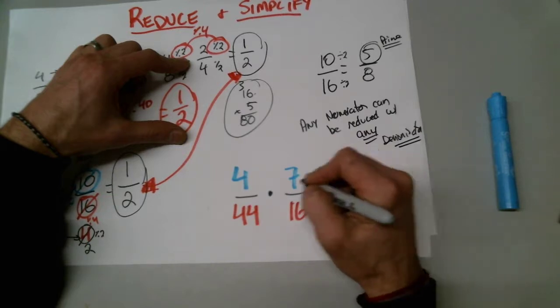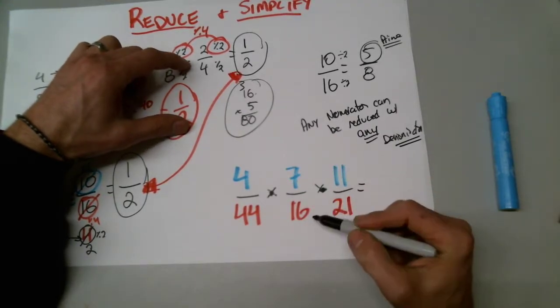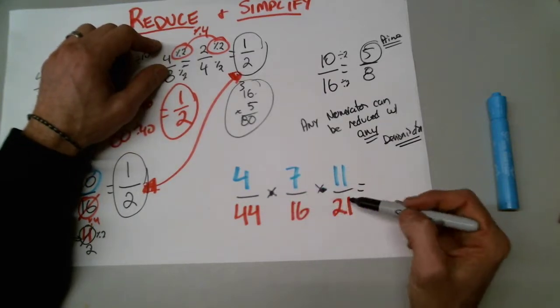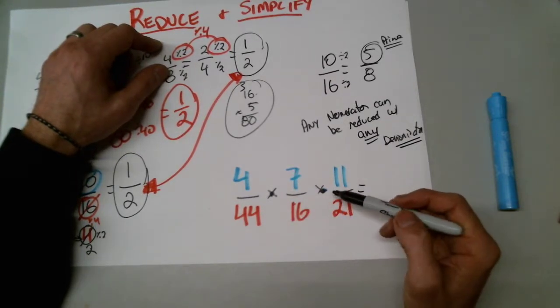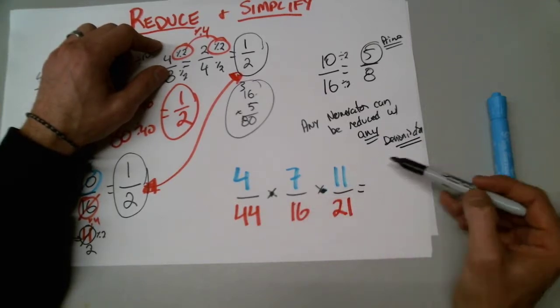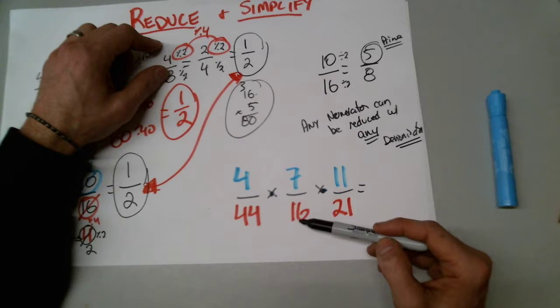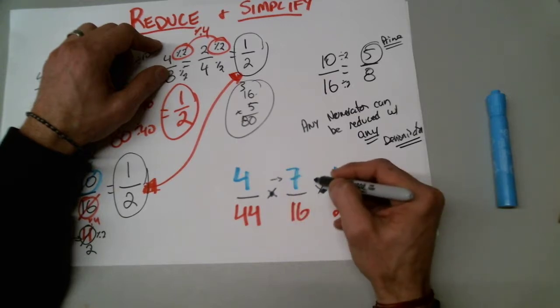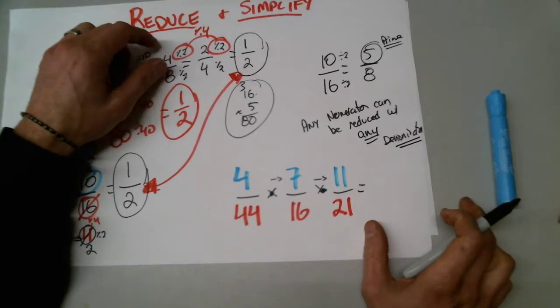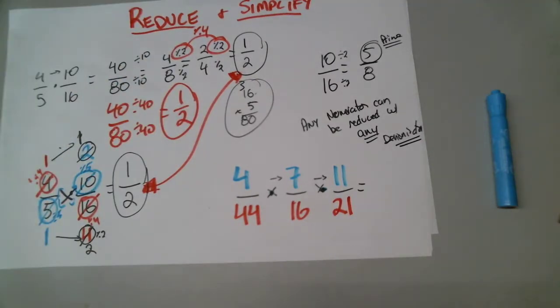It's all multiplication. The commutative law of multiplication states it doesn't matter what order we multiply any of these in. So we could go through and go 4 times 7 times 11, gives us a big number. 44 times 16, right? Times 21, gives us another big, huge number. But we would actually prefer to reduce it before we start all that.